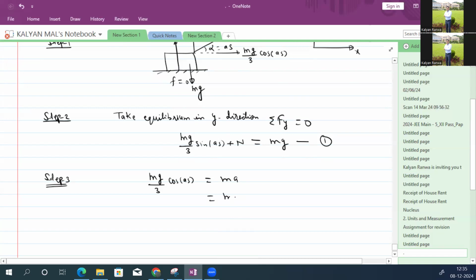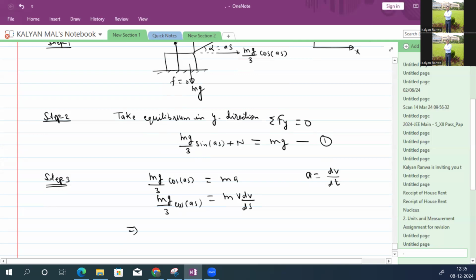We will use here m v dv divided by ds, because the acceleration is also given by dv upon dt. When an equation is given in the form of a time variable, then we use a equal to dv upon dt. But here the term mg by 3 cos as is in the form of displacement. So here we are going to use a equal to v dv upon ds, and this equals mg by 3 cos as.